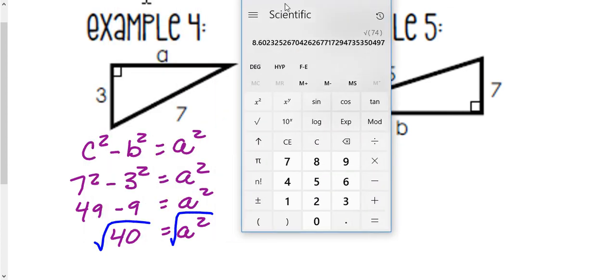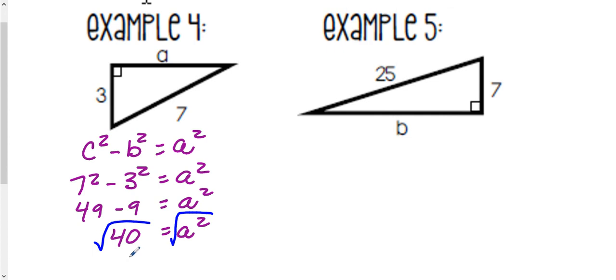That's not going to be a perfect square, so we have 7 squared minus 3 squared equals 40, the square root of 40, so 6.3, because we're rounding to the nearest tenth, I think. 6.3 equals a. So go ahead and try example 5.